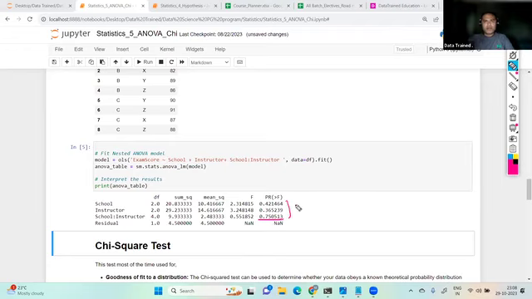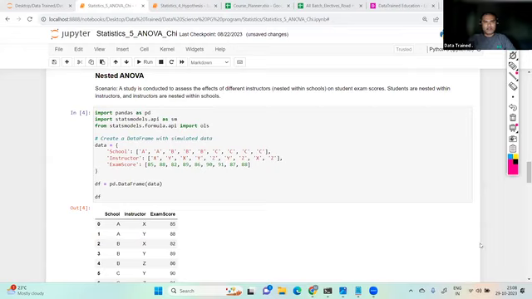So here p-values are greater than 0.05, right? They are not less than the alpha level, right? So in this case, we fail to reject the null hypothesis.